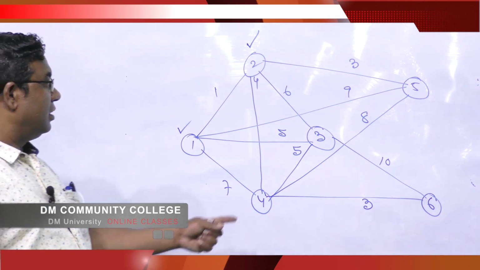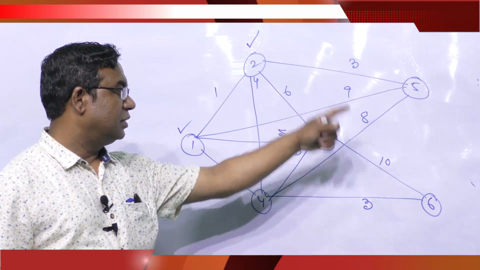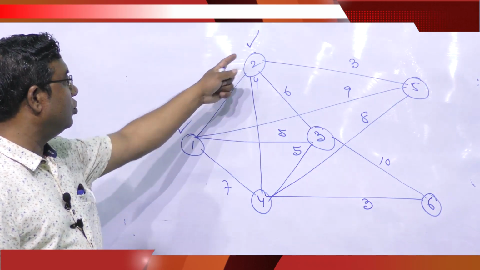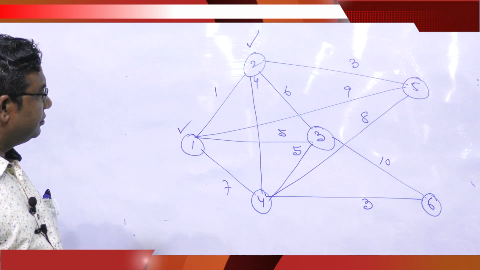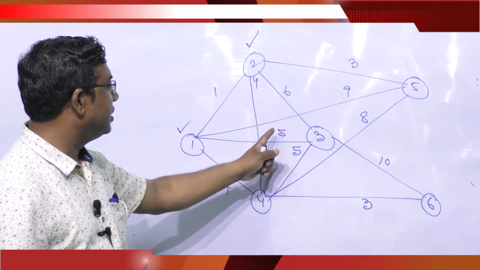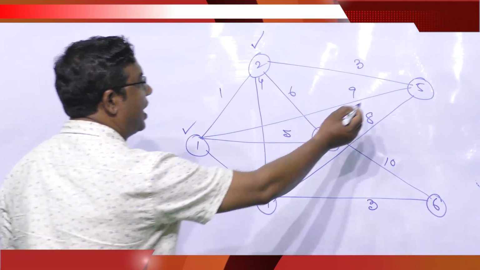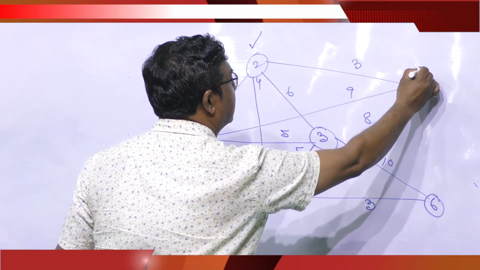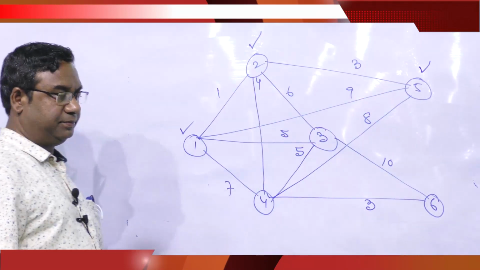Next, let us check the unticked nodes, not connected, nearest to either node 1 or node 2. Which one is nearest? This is 7, this is 6, 5, here is 3. So node 5 is nearest to node 2, so you tick node 5 and connect node 2 and node 5.